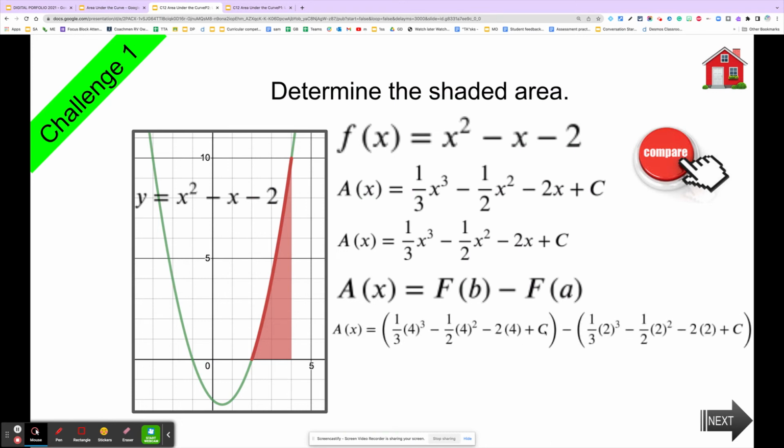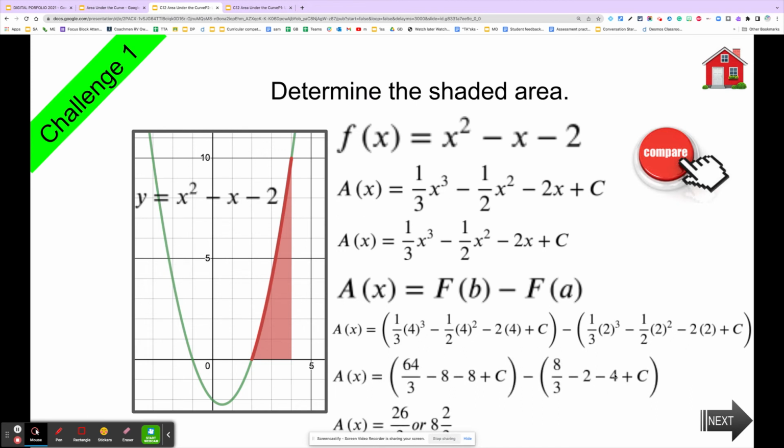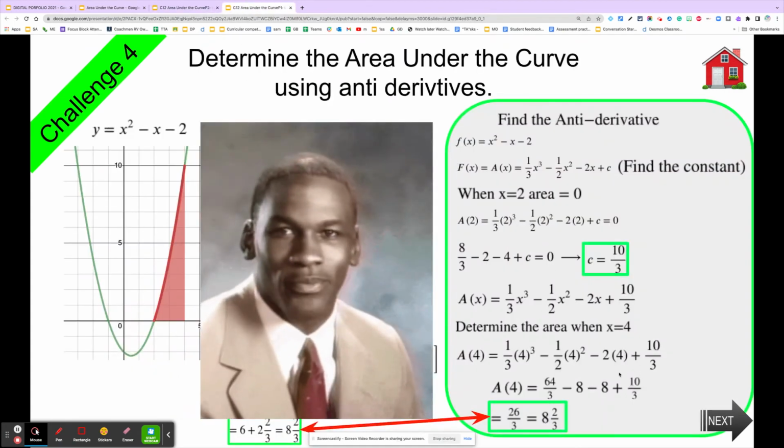So notice here, I'm going to have c minus c. Notice that this antiderivative is exactly the same. The only difference is that the b value is 4 and the a value is 2. And so when we do that, this part is still going to be our 8/3 minus 6, which is exactly what we had over here.